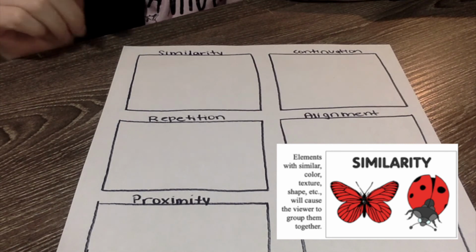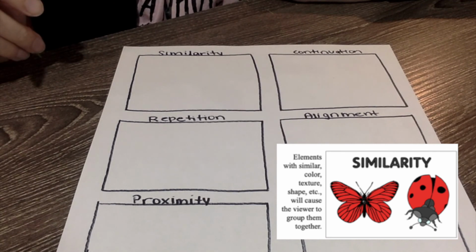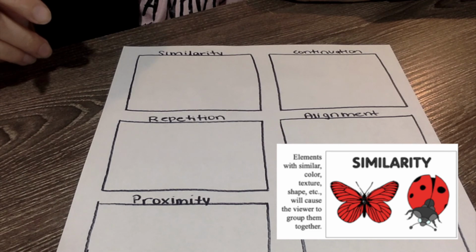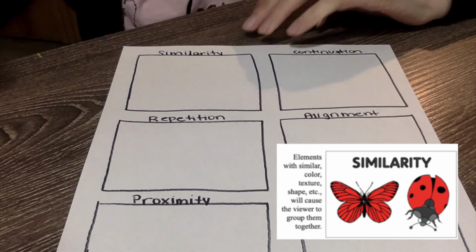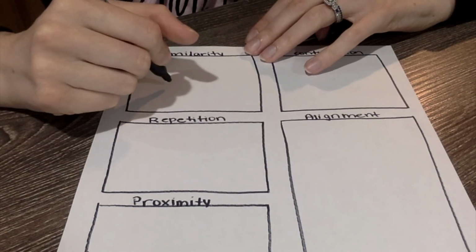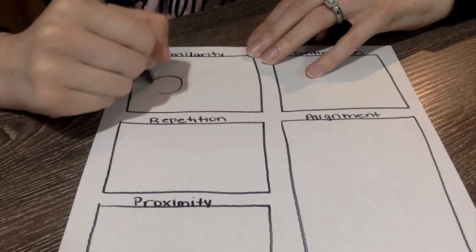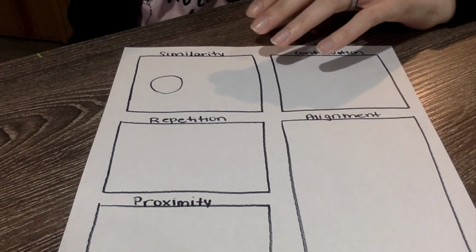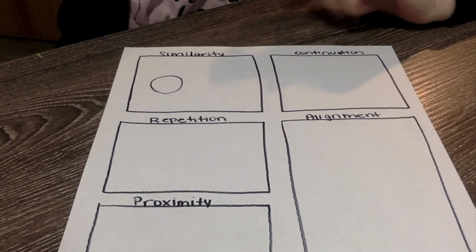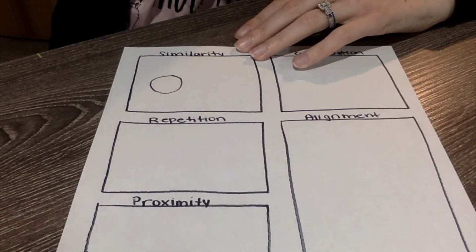So for mine, let's see, I'm trying to think of two different things that could go together. All right, let me start off with something that is a circle. Okay, so if I have a circle and say this is an orange, I'm just going to make it an orange.